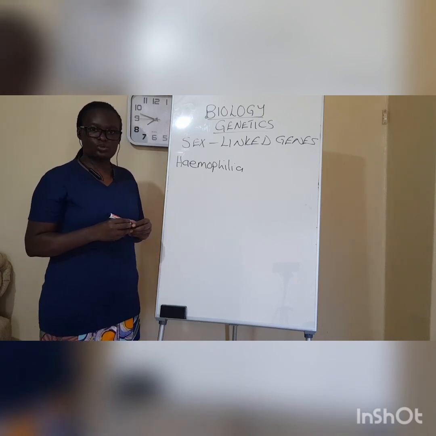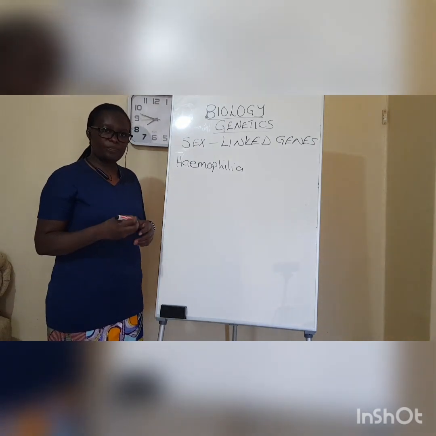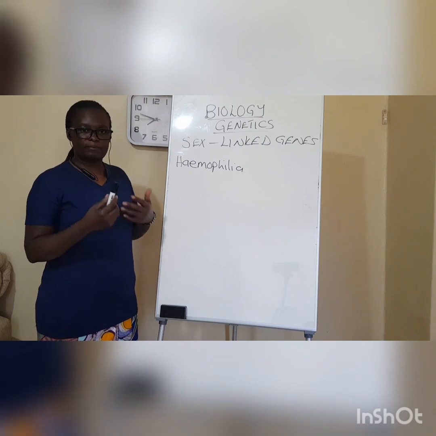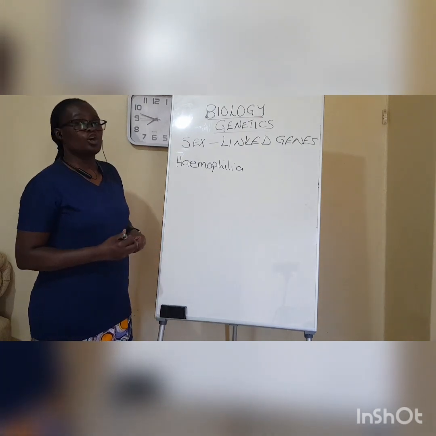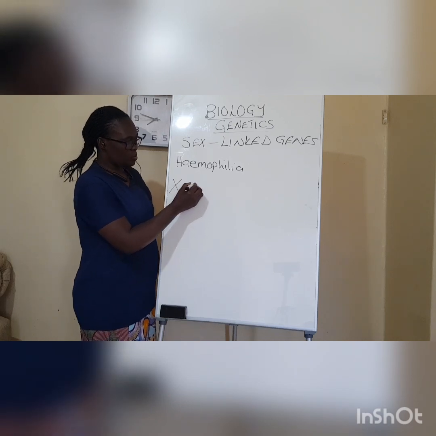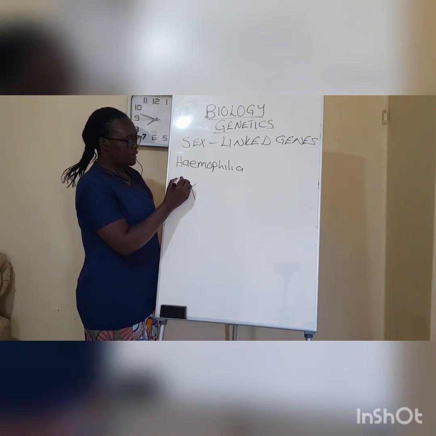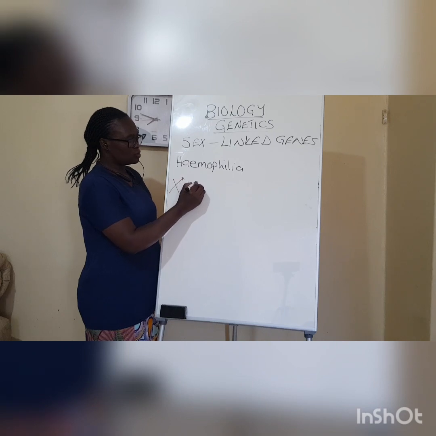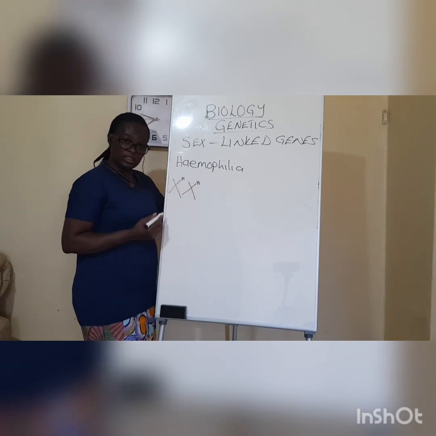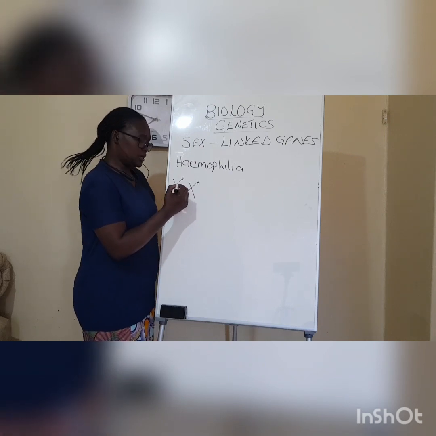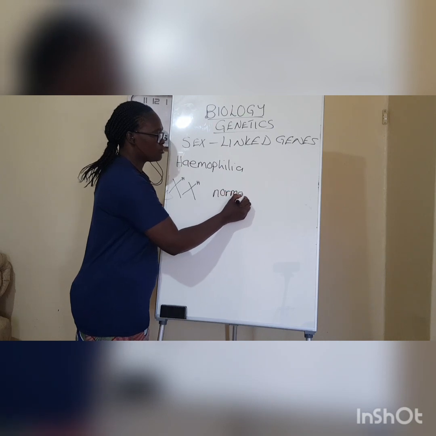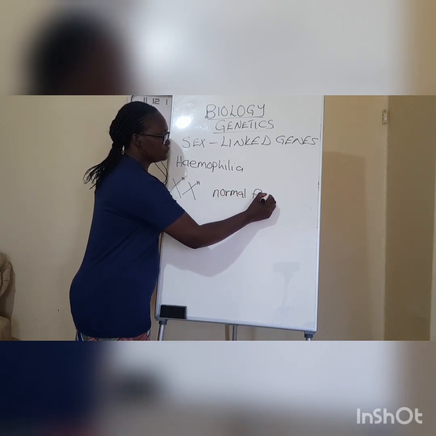It means they do not have the factors that help the blood to clot or stop bleeding. So what you need to note: if you find a woman with XX and on top she has big H for hemophilia, then this one is a normal female.